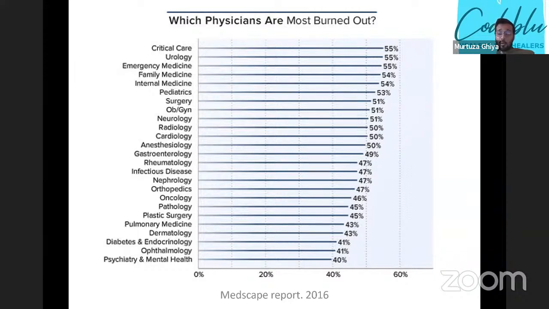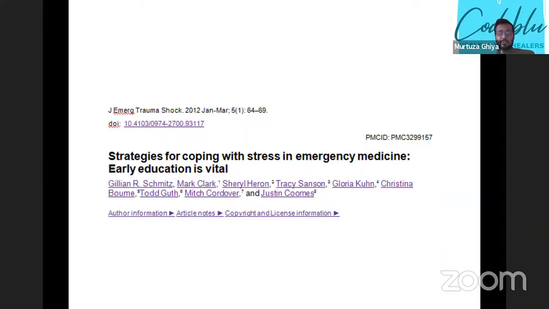If you look at them closely, you will see that although there is a ranking here, from the top rank to the lowest rank, all of them are burnt out. And the percentages are very, very minorly different. The take home point here, of course, is that all specialties are rapidly burning out, irrespective of where they practice and what they practice. Then comes the question, how do you cope with this burnout?